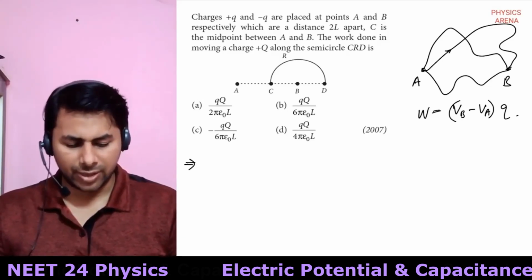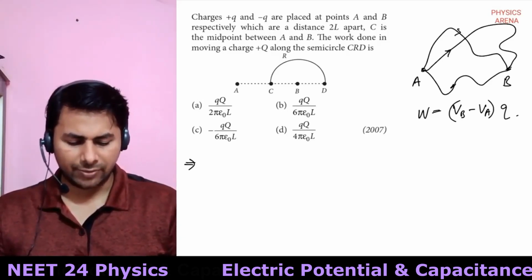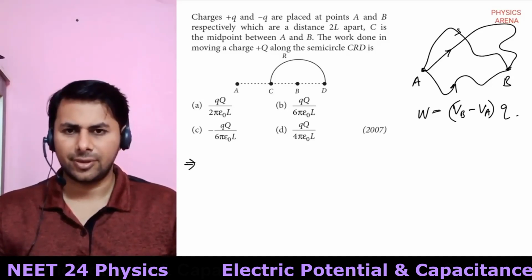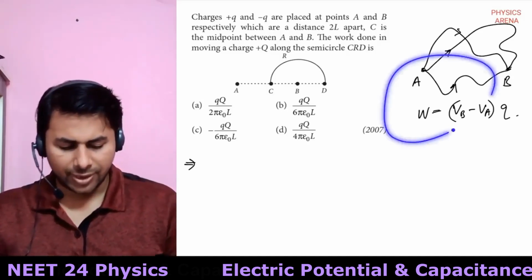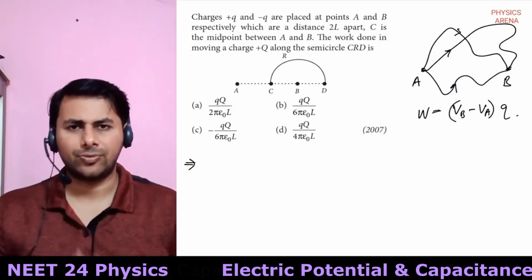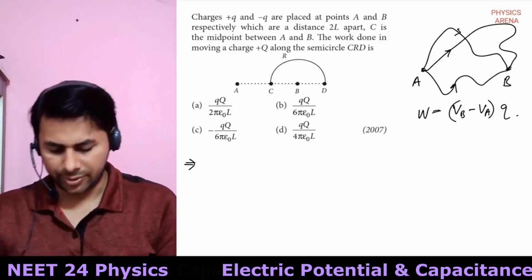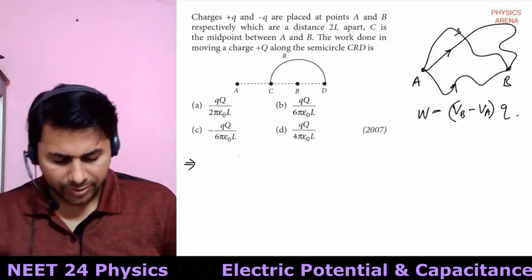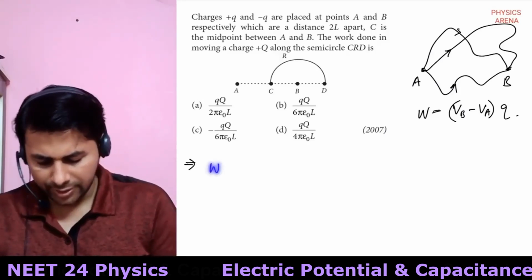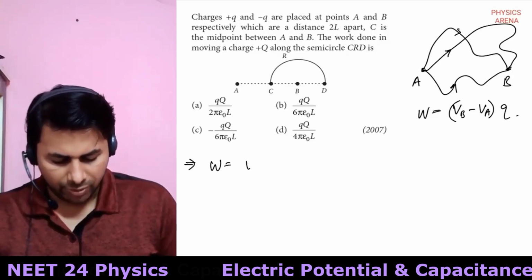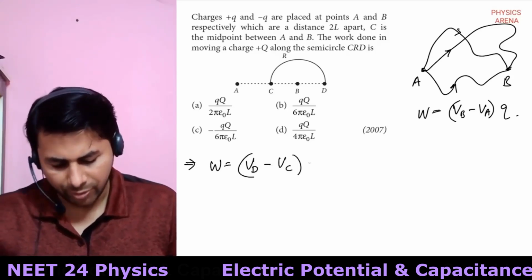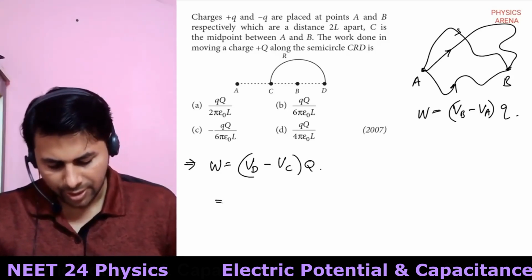Work done along any path would be equal. Paths do not matter for electrostatic force, and for gravitational force also. So if paths do not matter, the work done is potential at D minus potential at C multiplied by the charge. What are you moving? Charge capital Q.